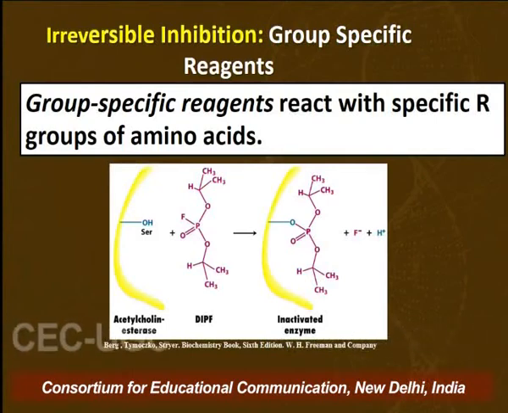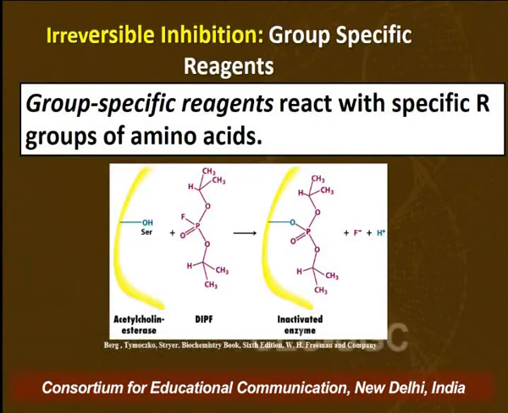So the enzyme is not destroyed or distorted in the case of reversible inhibition. But in the case of irreversible inhibition, certain reactions occur. What it does is it changes the conformation of the enzyme active site or the enzyme, so that the reaction cannot go further.